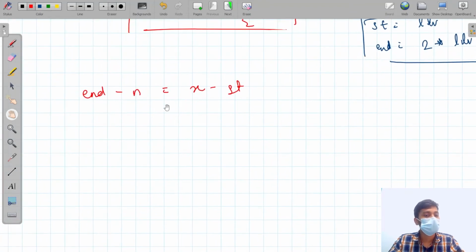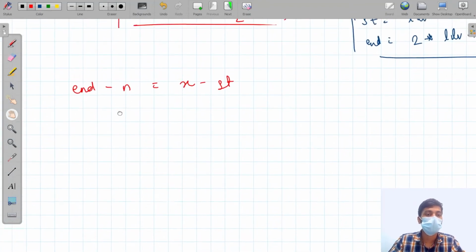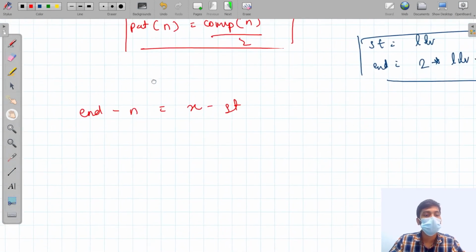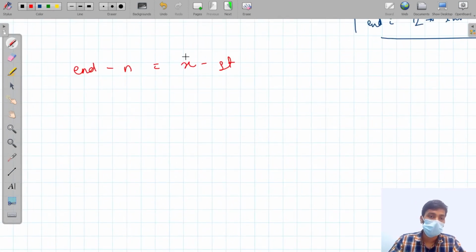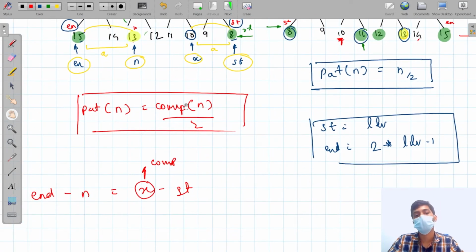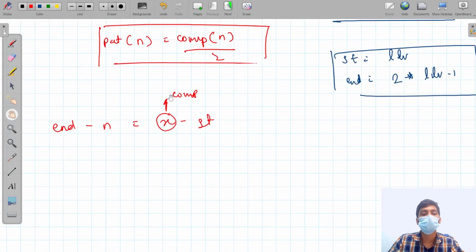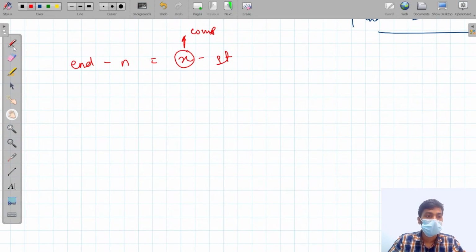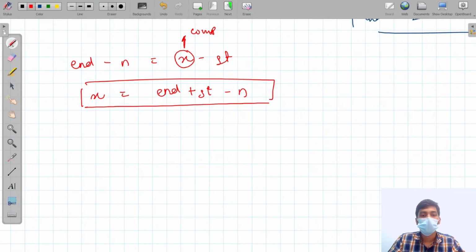Since we know the distance is the same, we are going to get equal answers, and this x is nothing but our complement. We can see here that x is the complement of 13, and our motive is to find the complement of n. So x is equal to ending point plus starting point minus n. It is going to give me the complement.